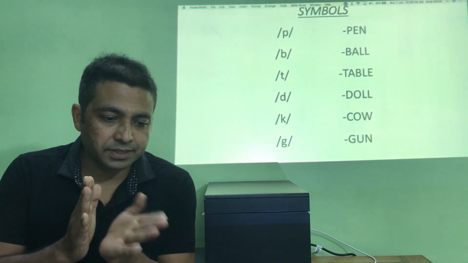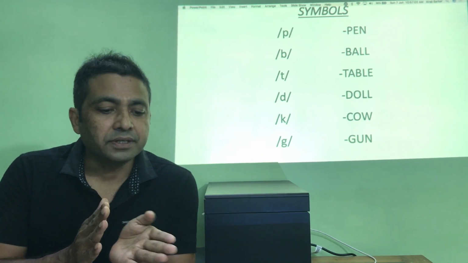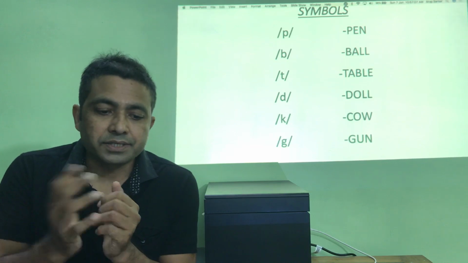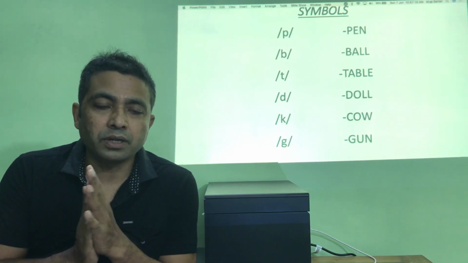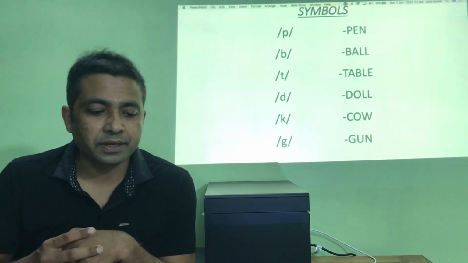As recognized by IPA, these are the symbols of the consonant sounds. P as in pan, B as in ball, and remember all the phoneme sounds should be within the vertical slashes. I told you earlier as well.